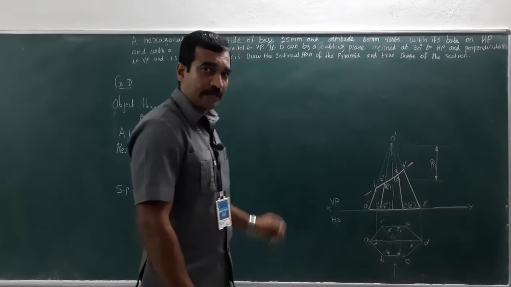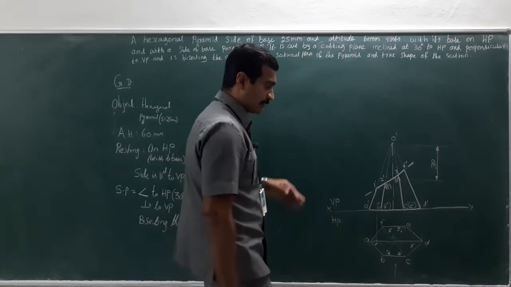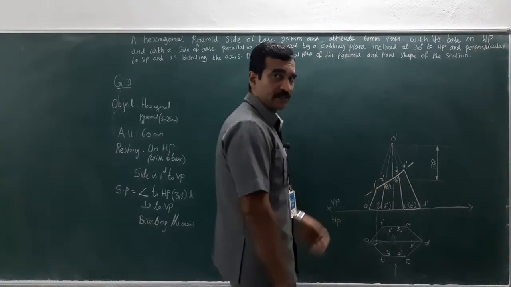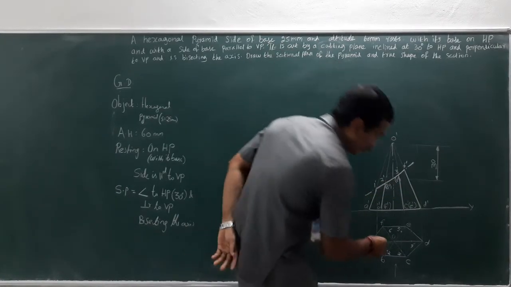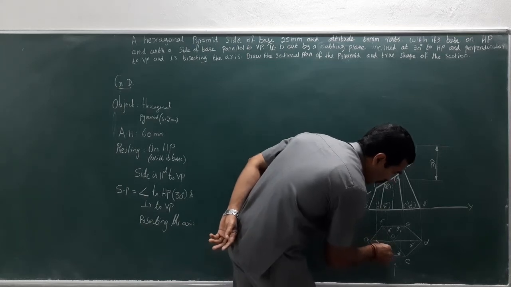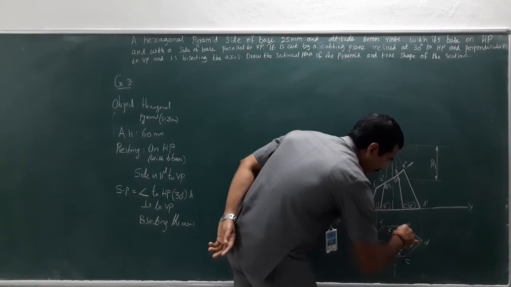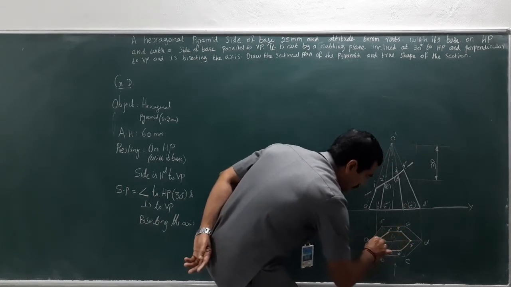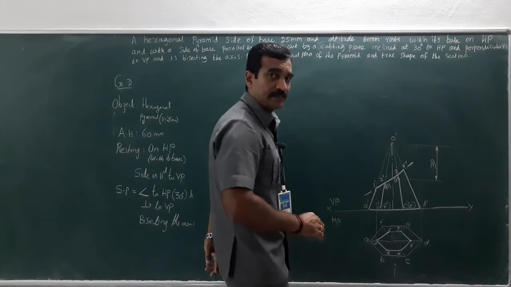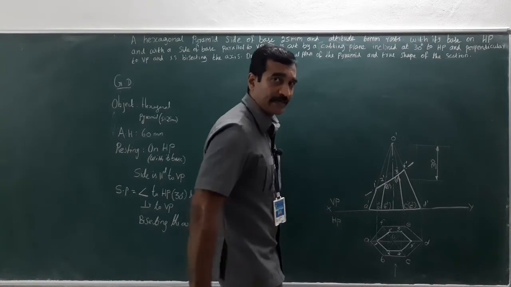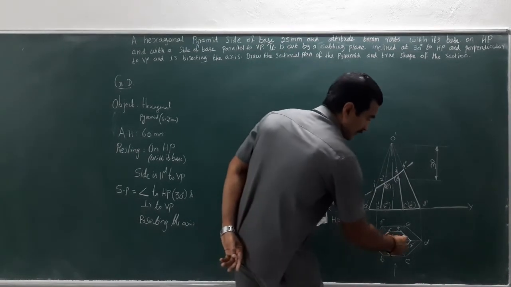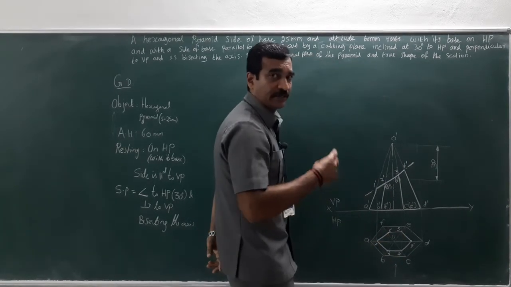Right. So now I am going to connect all the corners, that is newly formed edges. That is 1 to 2 by using scale, 2 to 3, 3 to 4, 4 to 5, 5 to 6 and 6 to 1. So these are the newly generated edges. So this portion is the cut section.